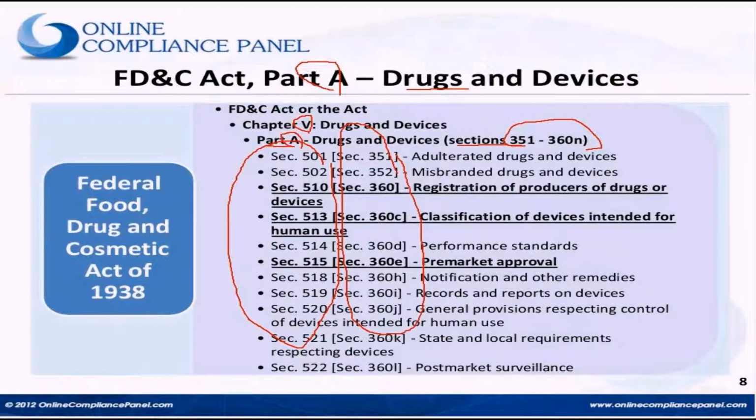For example, Section 510 of the FD&C Act corresponds to Section 360 of Title 21 United States Code, regarding registration of producers of drugs or medical devices. In fact, when you look at FDA warning letters, they refer to sections of the FD&C Act, sections of the United States Code, which are federal law and statutes, and also regulatory sections, Title 21 CFR.